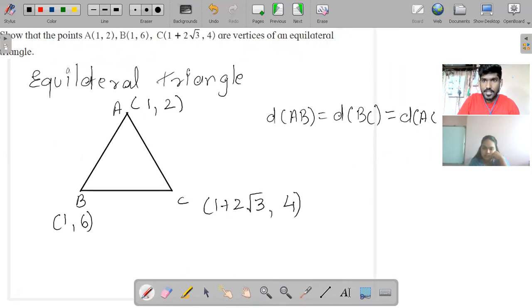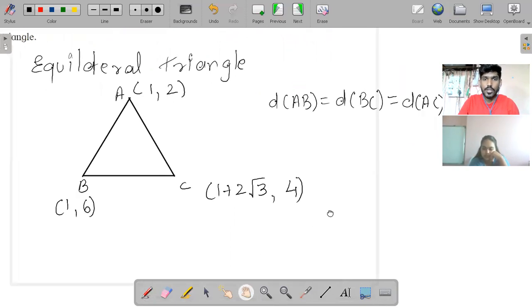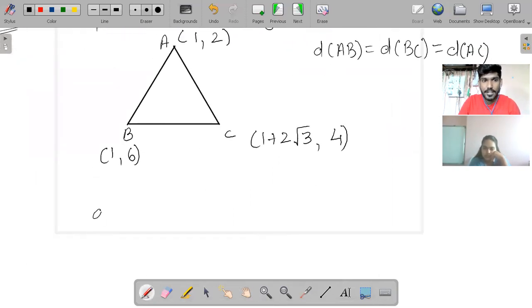When all of these three distances are equal, then we'll say that this is an equilateral triangle. So let's start. Use the distance formula, find distance AB and tell me how much you get.